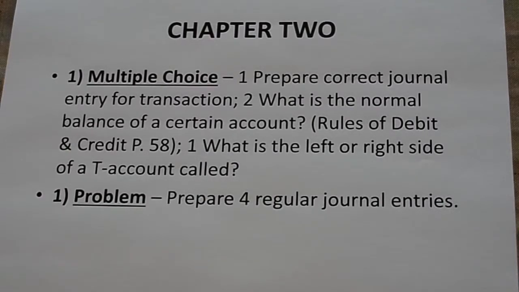Not certain if I changed the page reference for this time. And then you might have a question, what's the left side of a T account called? Obviously that's debit. What's the right side of a T account called? That's credit. There will be a problem from Chapter 2, and that problem will be that you have to do 4 regular journal entries.